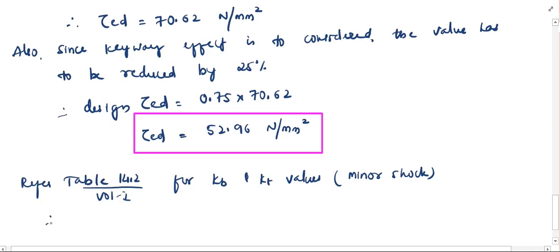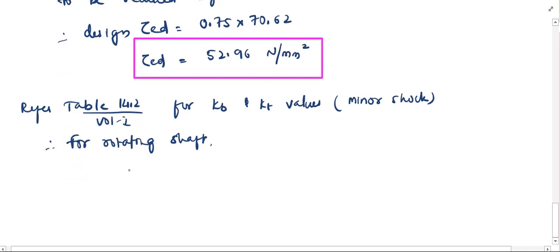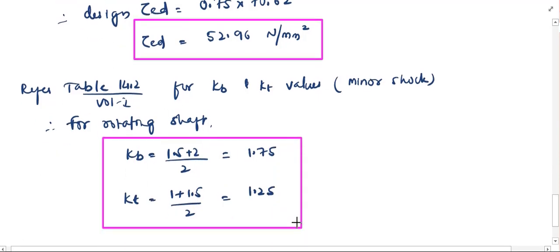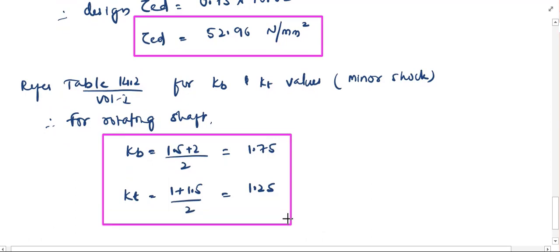Therefore, for a rotating shaft and minor shock conditions, KB is equal to 1.5 plus 2 divided by 2. It is an average since a range is given, which is 1.75. Similarly, KT is 1 plus 1.5 divided by 2, which is equal to 1.25. Those are the values for KB and KT.